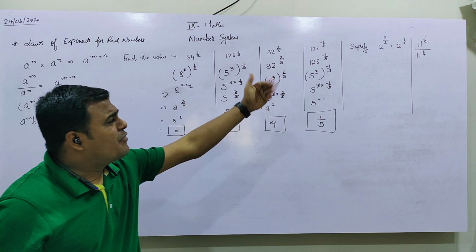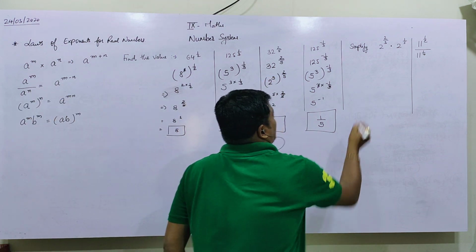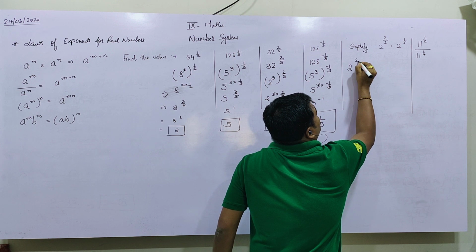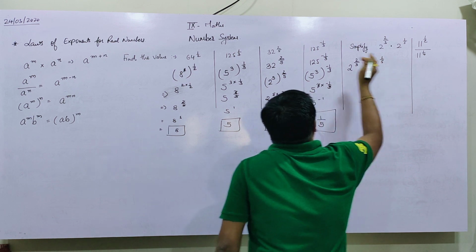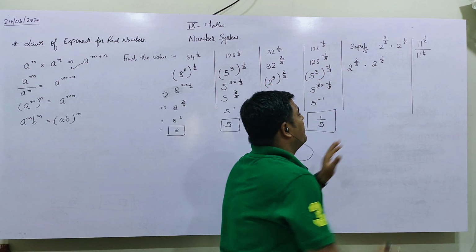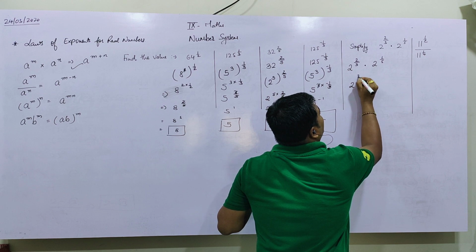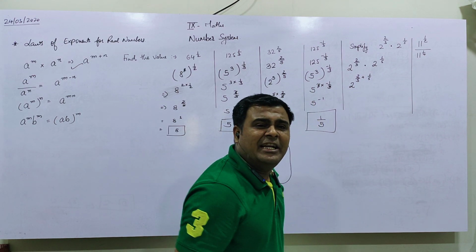Now let us see a few examples of simplification based on the laws of exponents. Now see 2 to the power 2 by 3 into 2 to the power 1 by 5. We'll use this rule: the base is same, so 2 to the power 2 by 3 plus 1 by 5. Here it is simple addition.